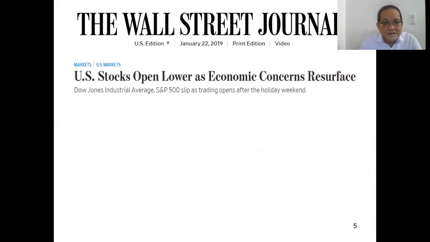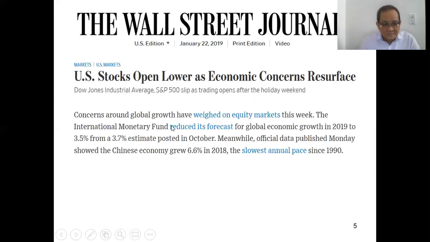So for example, this Wall Street Journal article, January 22nd, 2019, says here: US stocks open lower as economic concerns resurface. Concerns around global growth have weighed on the equity market. The International Monetary Fund, the IMF, reduced its forecast for global economic growth in 2019 to 3.5% from a 3.7% estimate posted earlier.